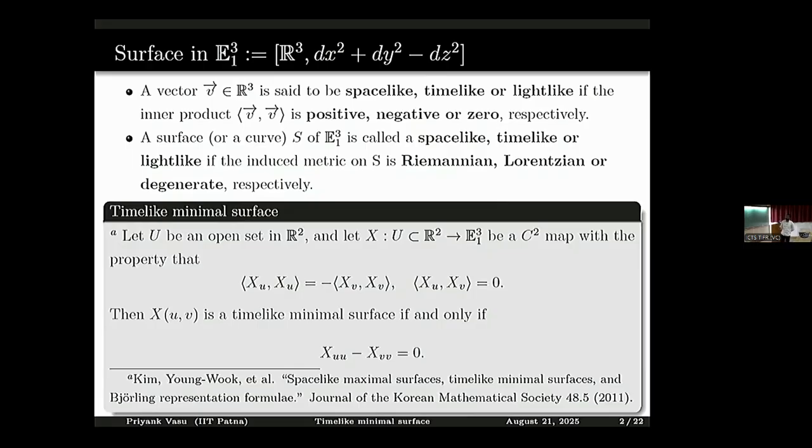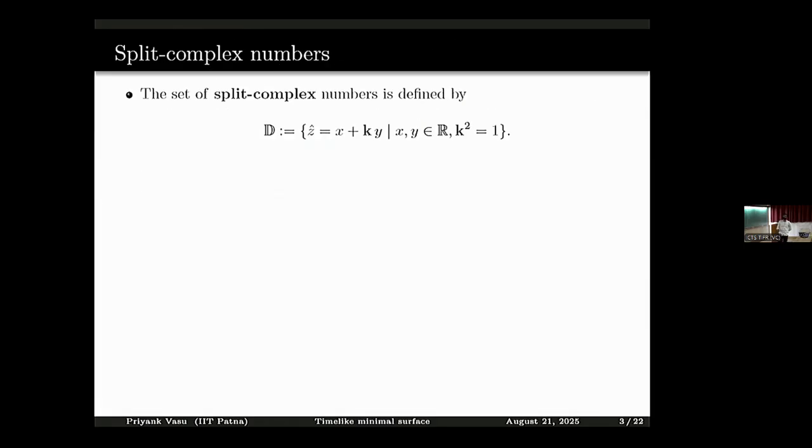As previously we have seen, space-like maximal surfaces, the space-like zero mean curvature surfaces, are called maximal and minimal surfaces, and their study has been done with the complex plane. Complex numbers play a crucial role there, but for time-like minimal surfaces, that role is shifted to the split complex numbers.